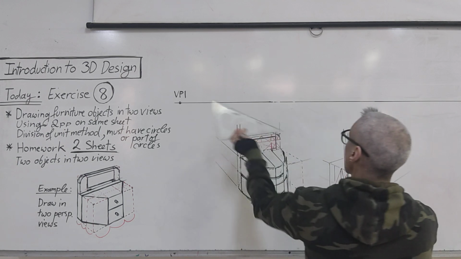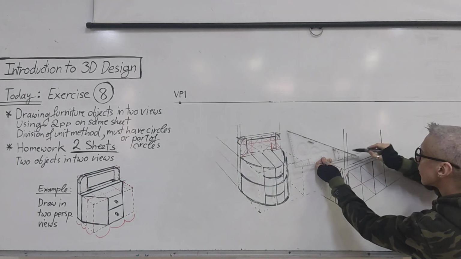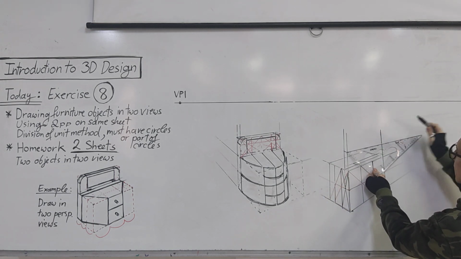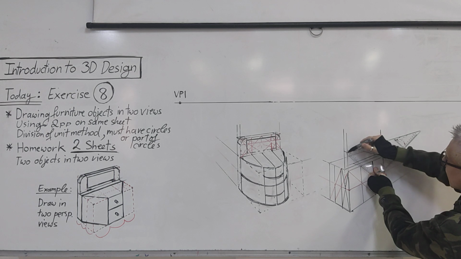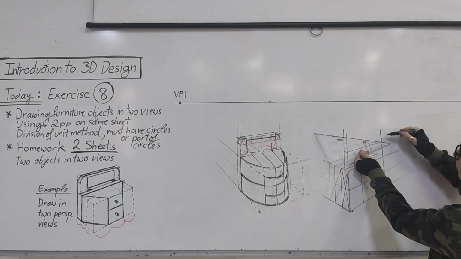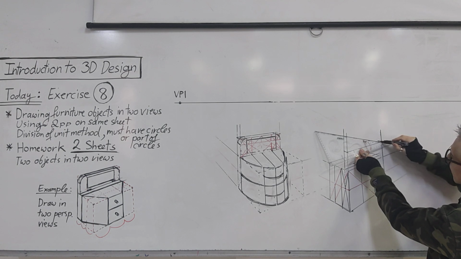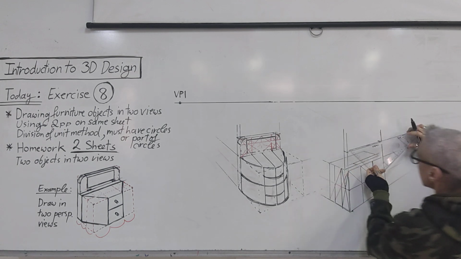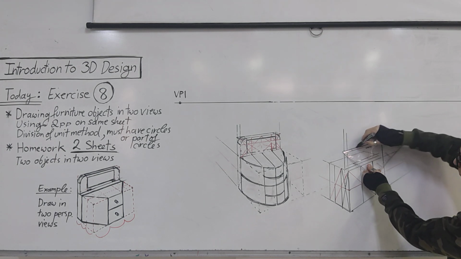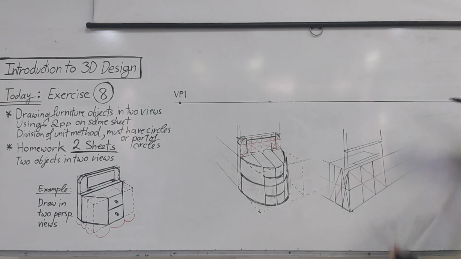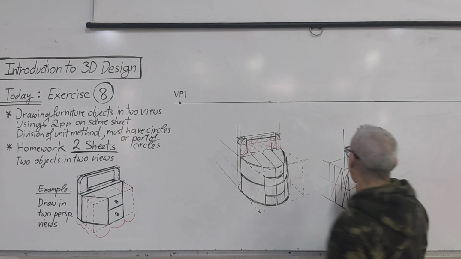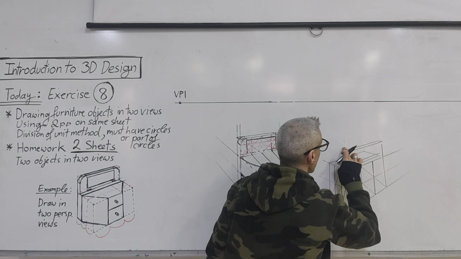So at this point, take to the vanishing point, point again to the vanishing points. And from here to this vanishing point. So, this is the object that we want.